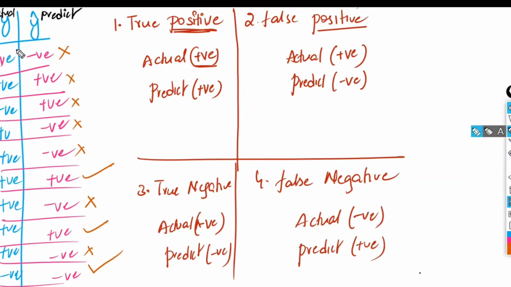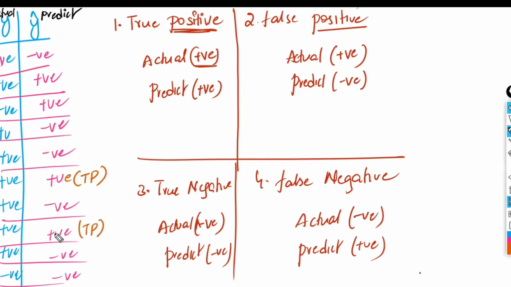Now tell me how many records satisfy this condition in the given data set. How many data points are actual positive and predicted also positive? Which are the two records? This is the first record, that is TP, and this is the second record, TP. So two records are there with actual positive and predicted also positive.